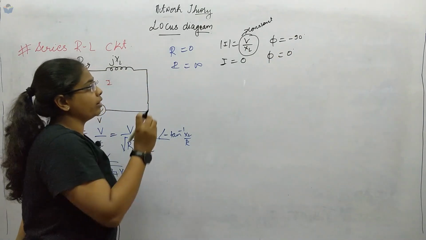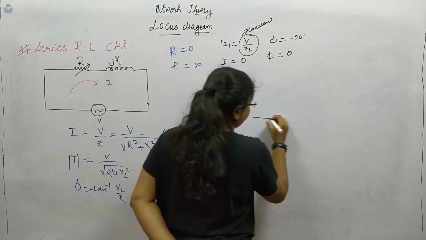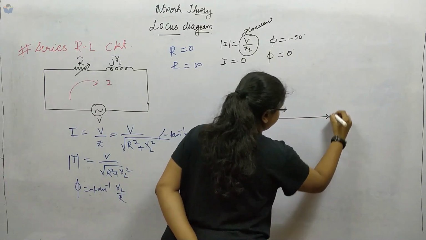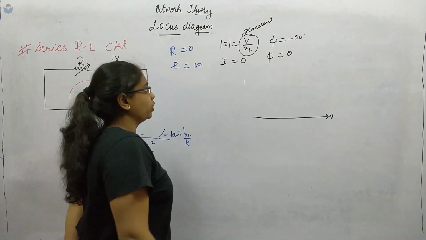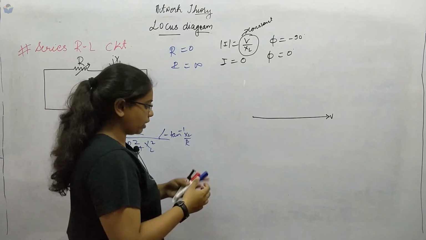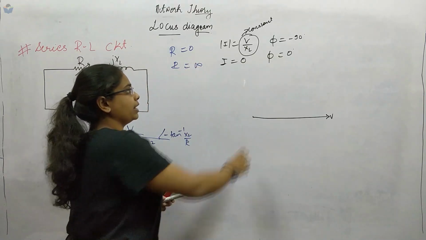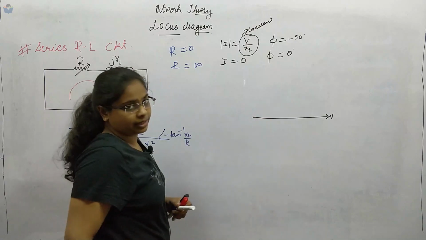Now we have to plot this. Let us take V as our reference. With V as reference, R equal to 0 gives phi equal to minus 90 degrees.